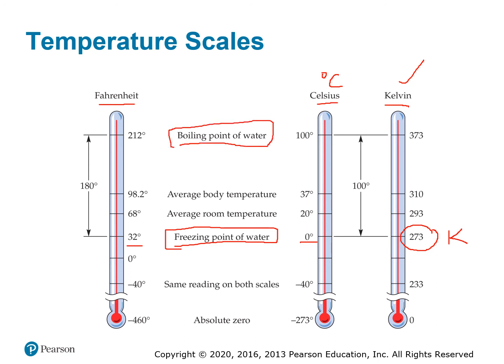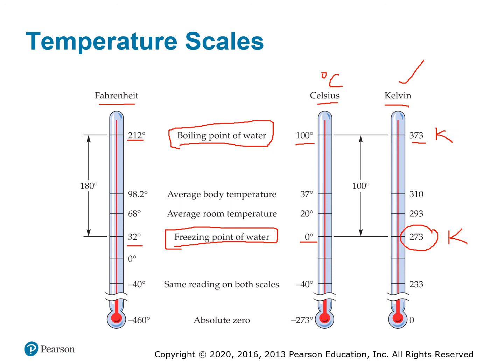We know that water boils at 100 degrees Celsius, which is equivalent to 212. And if we look at the Kelvin scale, because 0 was equivalent to 273, if we have 100 degrees Celsius, we add 273 to that, and you have 373 Kelvin. So basically we added the 100 over there.